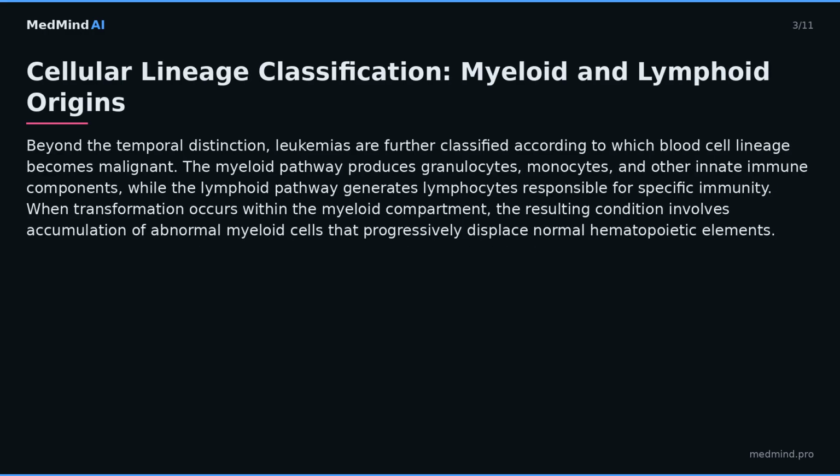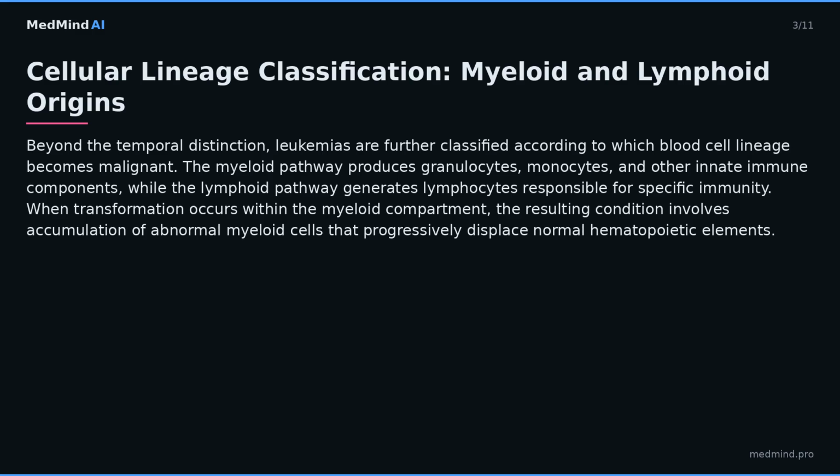Cellular lineage classification, myeloid and lymphoid origins. Beyond the temporal distinction, leukemias are further classified according to which blood cell lineage becomes malignant. The myeloid pathway produces granulocytes, monocytes, and other innate immune components, while the lymphoid pathway generates lymphocytes responsible for specific immunity.